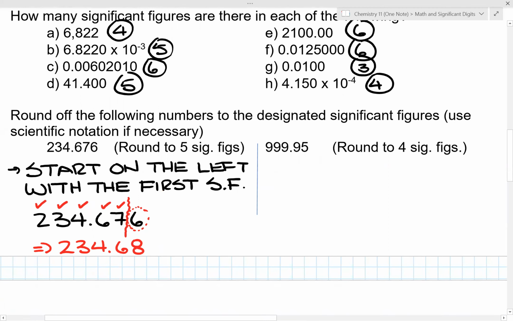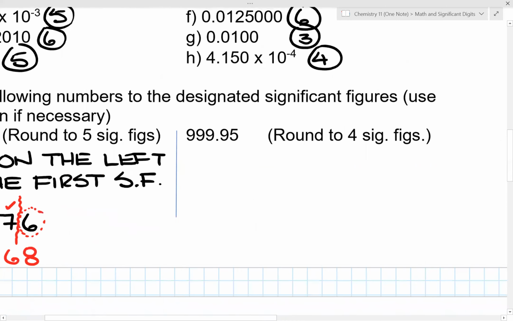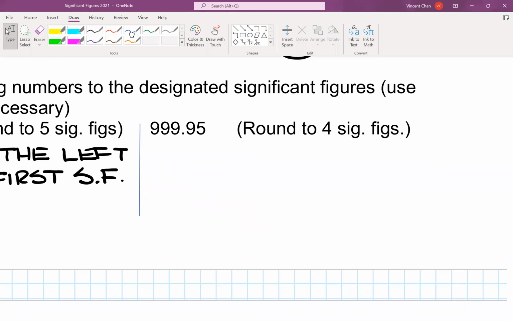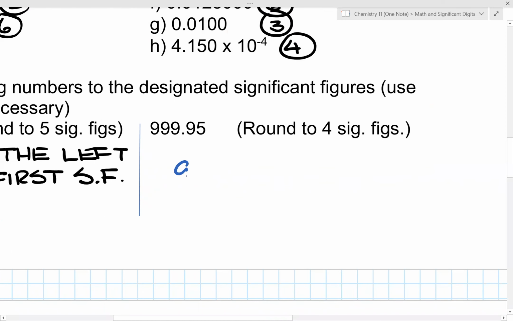Now, let's say we have this second example, 999.95. So how do we deal with that? So what we do is we go, okay, 999.95. Again, we start with the left. So we have 1, 2, 3, 4. Now, what do I do with the 5?